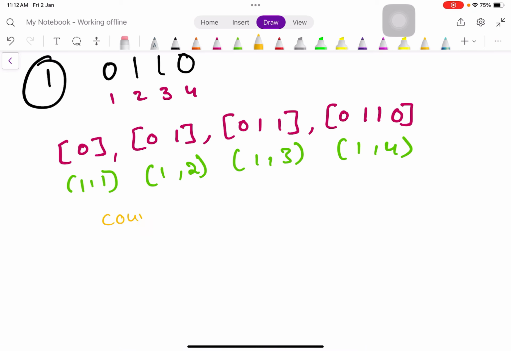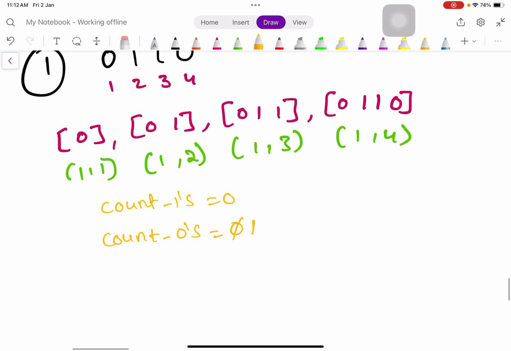Initially the count of ones is 0 and the count of zeros is also 0. The first prefix comes and we see a 0, so we increment the count of zeros by 1, and we check, is the count of ones greater than the count of zeros? No. Initially the answer is 0, so for this prefix the answer won't change.